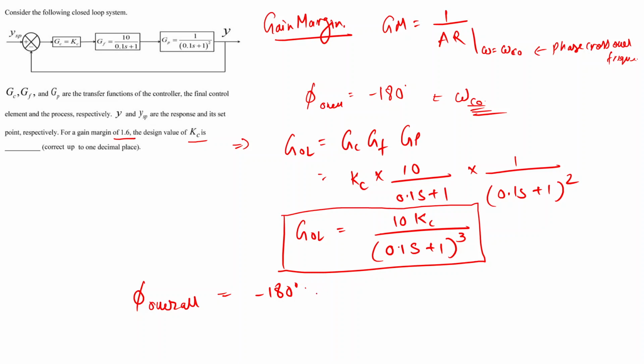So let us write that phi overall is equal to minus 180 degrees, and it will be the summation of the phase lags of all these three individual transfer functions. That is, you can also write this as minus 180 degrees equal to phi of the controller plus phi of F plus phi of the process. Since the controller gain is a constant, the phase lag will be 0.